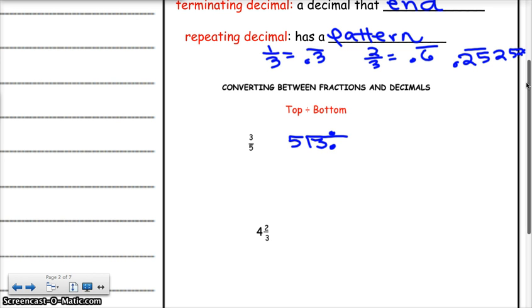I put it on top right away and a placeholder 0. 5 goes into 30 6 times, so it's 0.6 or 6/10. If you got a 3 out of a 5 on an assignment, it would be 60%, right? 0.6, scoot the decimal 2 spots to the right, 60%.